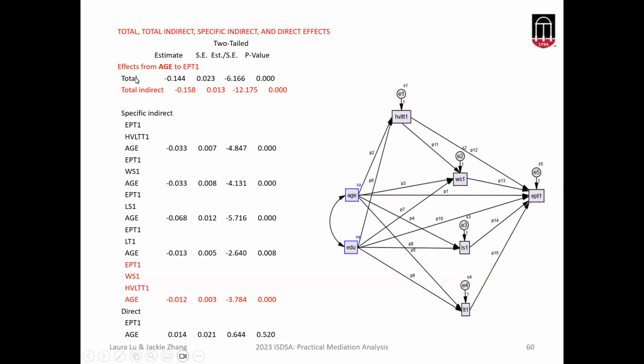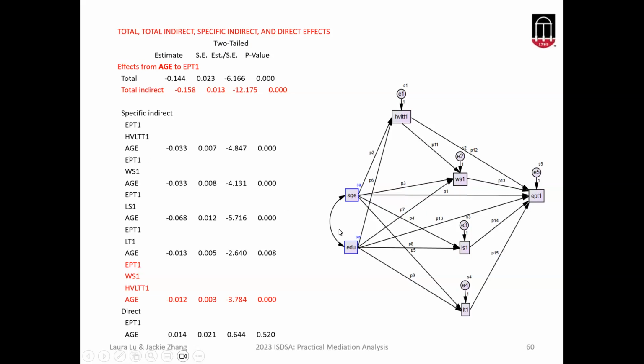So we have the total effect, which is a sum of the total indirect, which is here, and the direct. Direct is reported here, 0.014. Again, the sum of these 2 numbers is the total effect. And this part is the specific indirect effect.